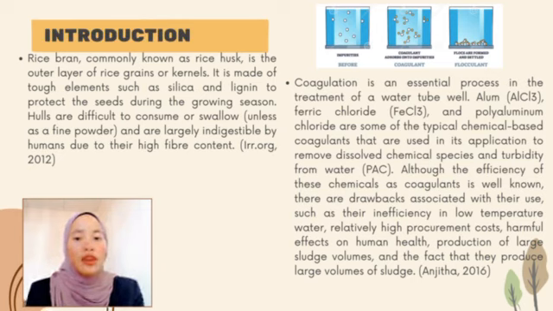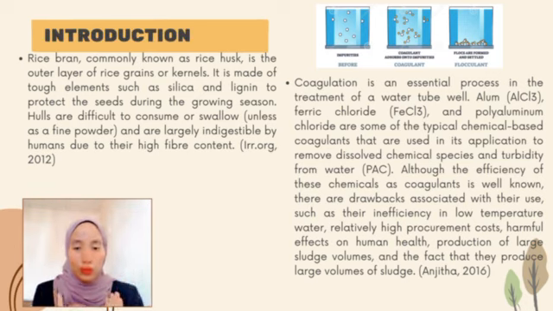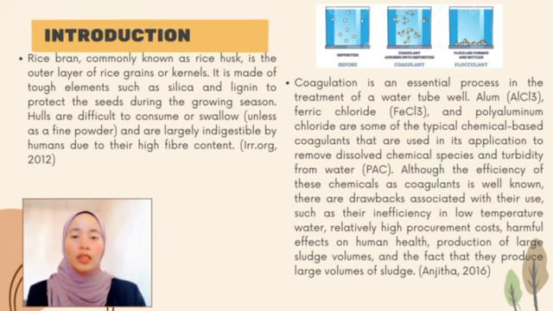Although the efficiency of these chemicals as coagulant is well known, there are drawbacks associated with their use, such as their inefficiency in low temperature water, relatively high procurement costs, harmful effects on human health, and the production of large volumes of sludge.